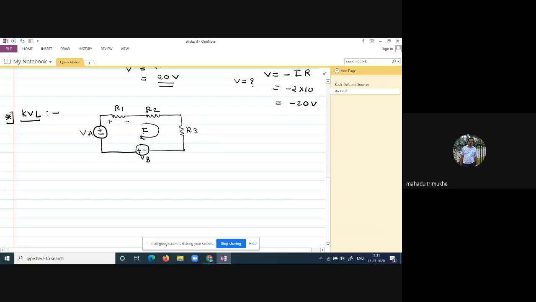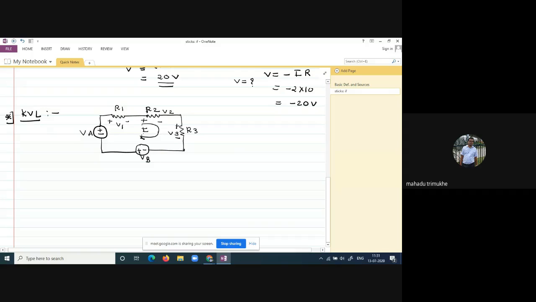Because of this current I, the voltage drop across R1 is nothing but your V1, the voltage drop across R2 is nothing but your V2, and the voltage drop across R3 is nothing but your V3.